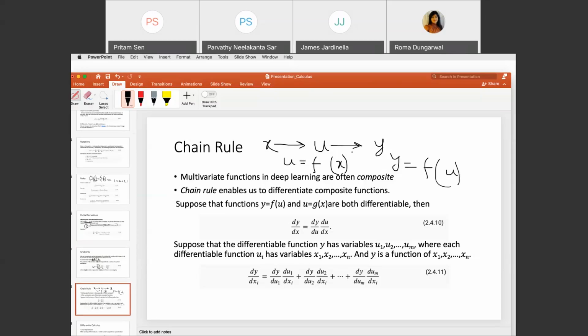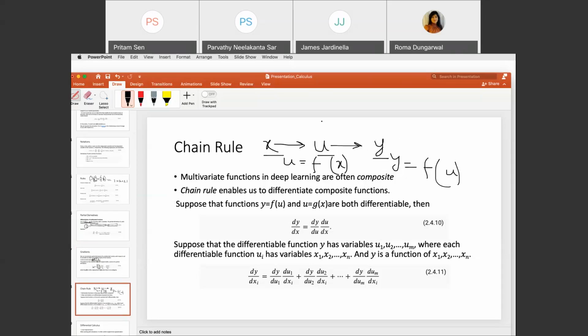So ultimately, y is dependent on x, because a change in x makes a change in u, and ultimately it changes y. So we may want to calculate both. We can calculate the effect of u or the effect of x on y. For example, we want to calculate the effect of u on y.